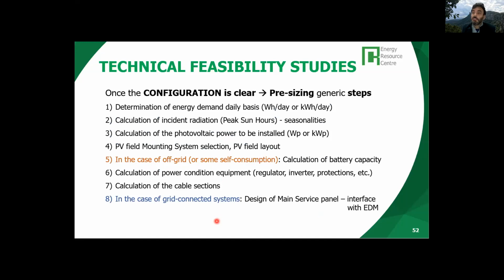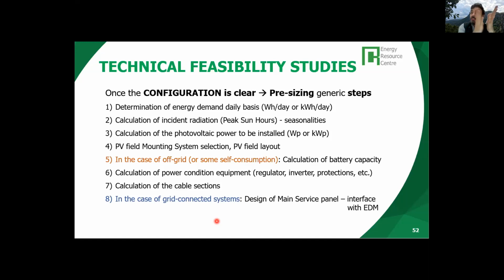As we said, we need to establish what the energy demand will be on a daily basis, critical for off-grid systems, very important for rooftops. And in the case of large PV plants, that's not something we need to do because the configuration is different. We just generate as a power plant and inject into the grid.